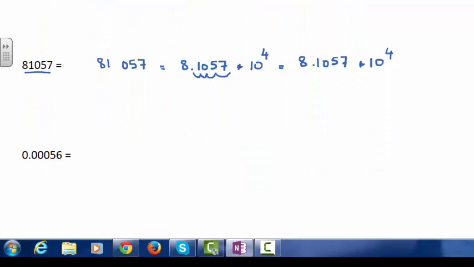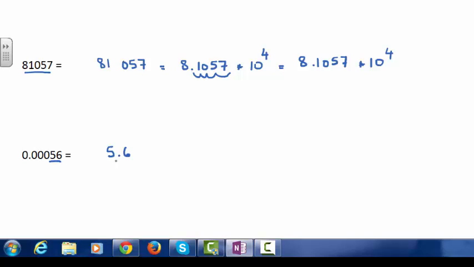Now I have something strange. I have a small number, 0.00056. How can I transfer this to scientific notation? As you can see, I need to focus on this number. 5.6 is the number that is in the range of 1 to 10. Excellent. But 5.6 is greater than 0.00056.